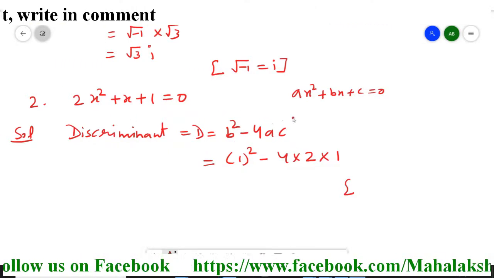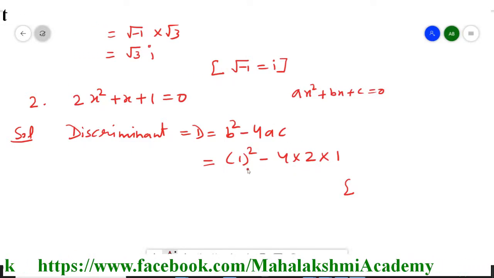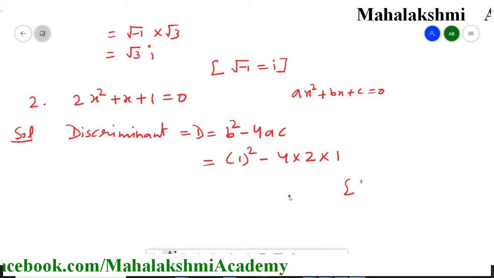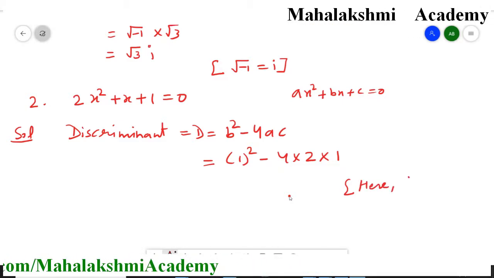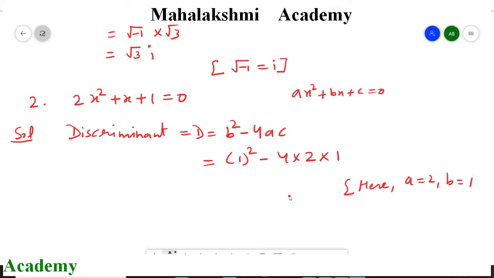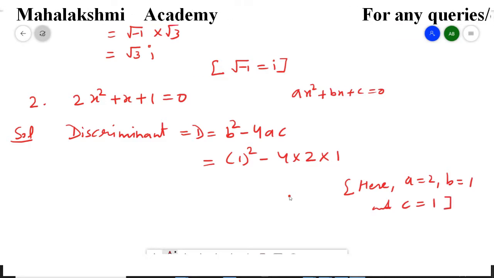So like this we have to find the values of a, b and c. I directly substituted, so I am writing here: a is 2, b is 1 and c is also 1.